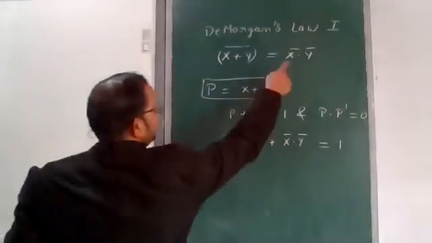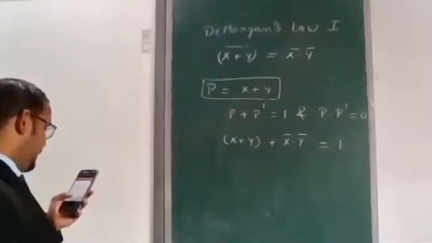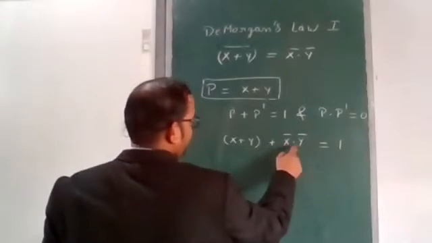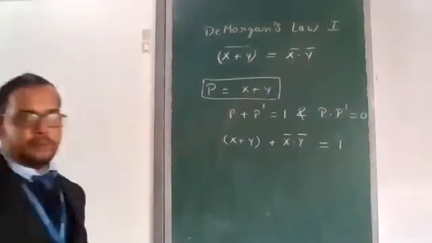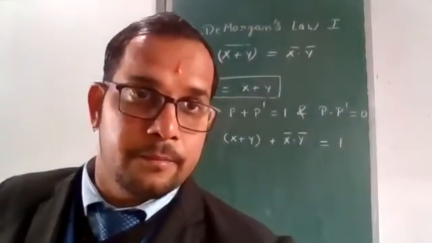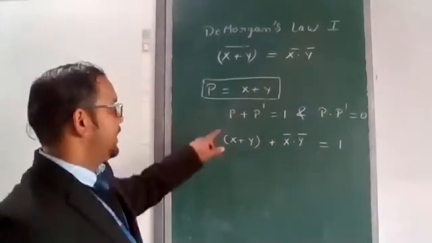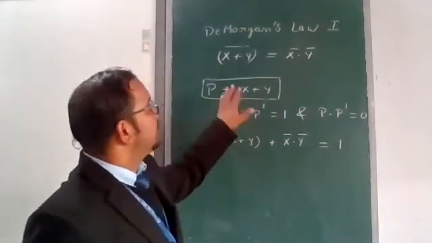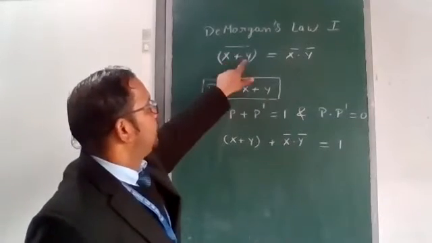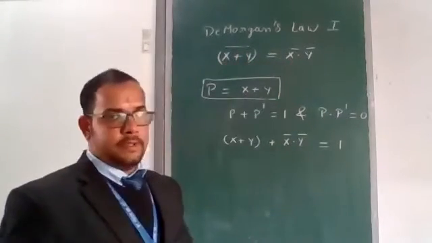Value of p is x plus y, so p complement is x complement dot y complement. Then we say De Morgan's first law: (x plus y) complement equals x complement dot y complement.